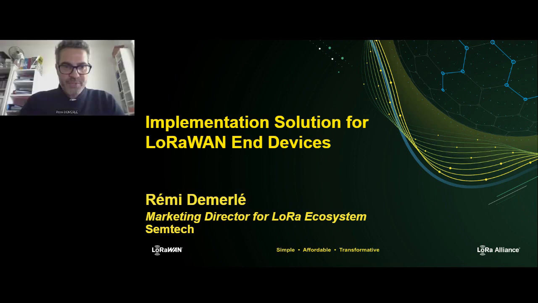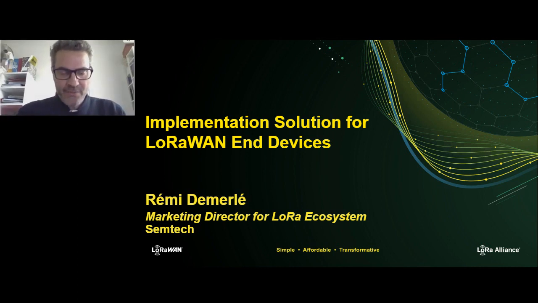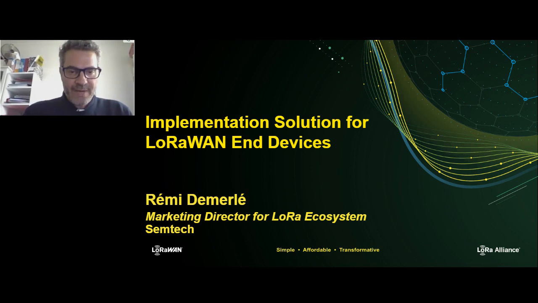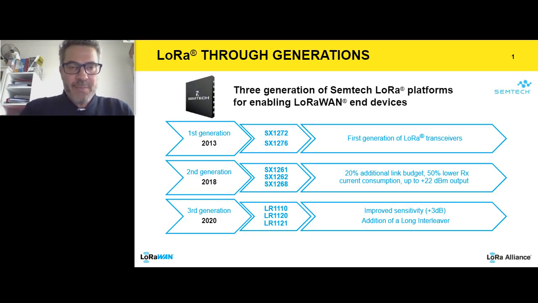Hello. I'm back again to present the implementation with a Semtech solution for LoRaWAN and devices. Some people sometimes confuse this: LoRa is a radio communication technology that Semtech maintains and has developed since 2012.